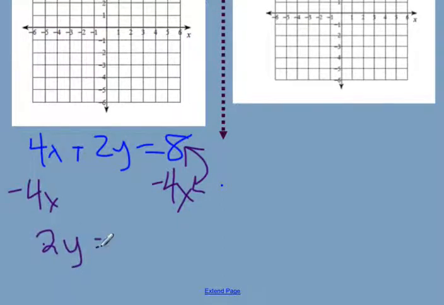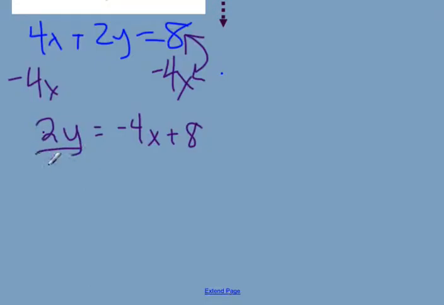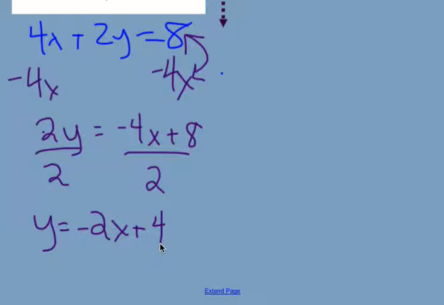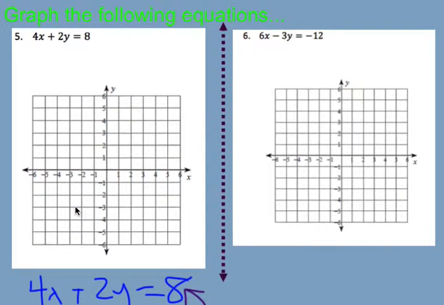So then you get 2y is equal to negative 4x plus 8. Now that 2 is being multiplied by the y, so I'm going to divide both sides by 2. Negative 4 divided by 2 is negative 2, and then x, and 8 divided by 2 is 4. So now I'm going to be graphing the equation y is equal to negative 2x plus 4.